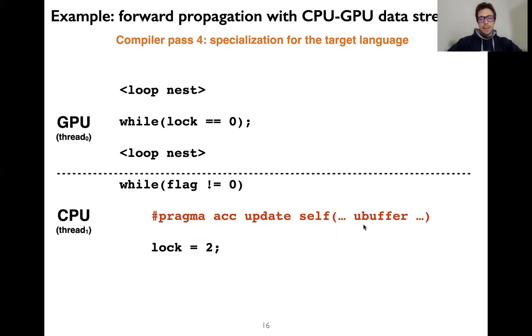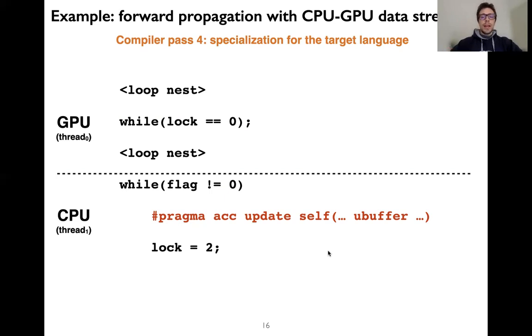So in this case, I'm using OpenACC to perform a copyback of ubuffer from the GPU onto the CPU. So we have decoupled the lowering of the symbolics into low-level code through a series of four passes.